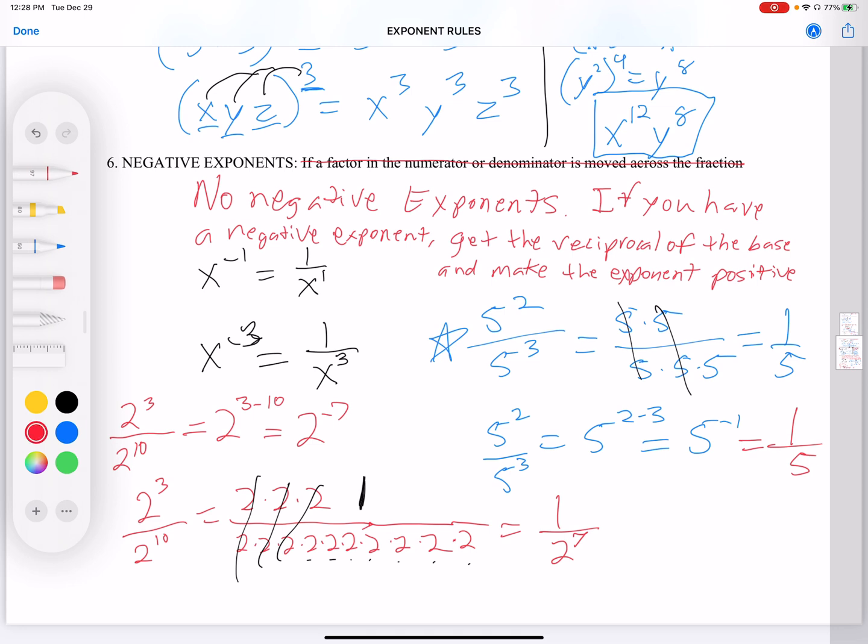That means that 2 to the negative 7th is equal to the reciprocal of my base raised to the positive power. The reciprocal of 2 is 1/2, and instead of negative 7, I'm going to attach a positive 7.